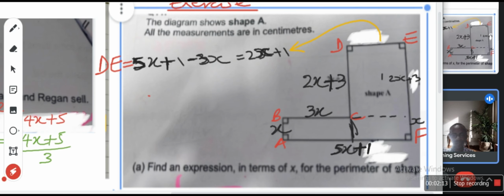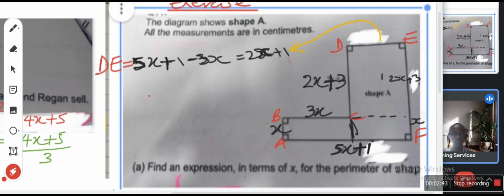Because to get it, it has to be the whole of A to F minus B to C. If you take out B to C from A to F, what is left is D to E. A to F is 5x plus 1, and B to C is 3x. So that's correct. 5x plus 1 minus 3x will give you 2x plus 1. Correct.